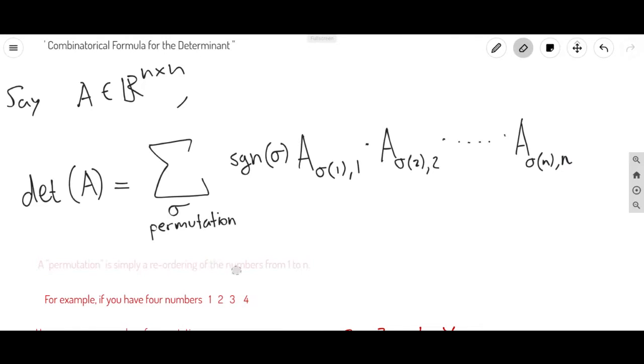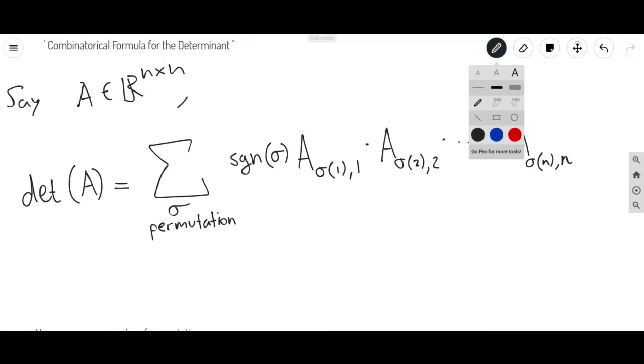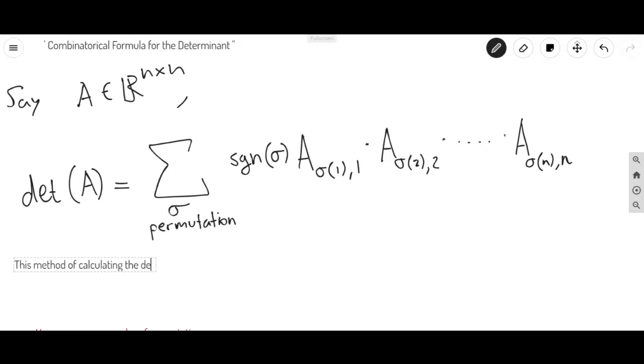That's the issue. So this method of calculating the determinant works well for some matrices.